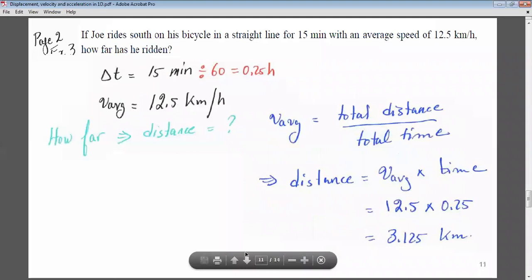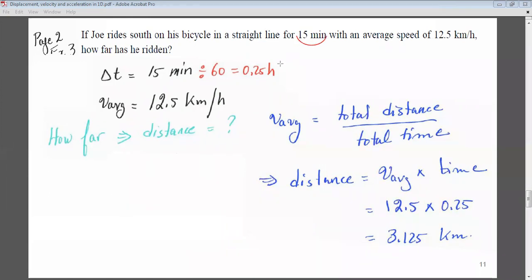Another example. If Joe rides south on his bicycle in a straight line for 15 minutes. So what is this, 15 minutes?